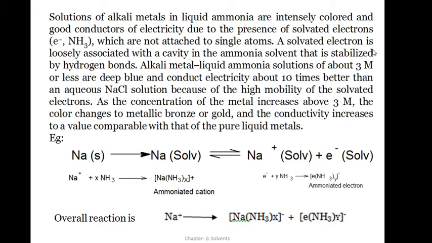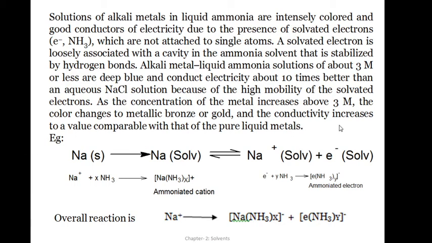A solvated electron is loosely associated with a cavity in ammonia solvent that is stabilized by hydrogen bonds. Alkali metal liquid ammonia solutions of about 3 molar or less are deep blue and conduct electricity about 10 times better than aqueous NaCl solution because of the high mobility of the solvated electrons.